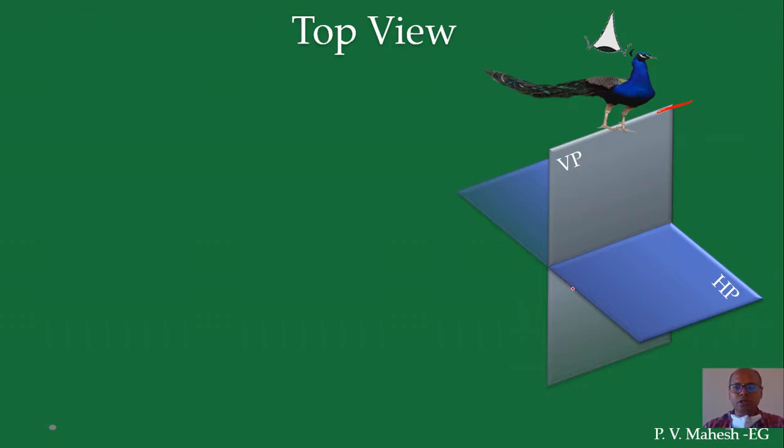But we cannot do that. So what we will do is rotate this plane by 90 degrees and draw. So we are drawing this on the HP: the drawing sheet is placed on HP and the observer is seeing from the top. The VP appears to be a line.